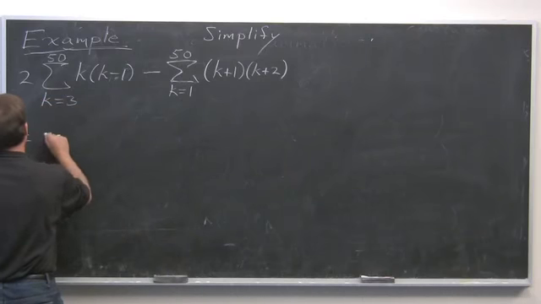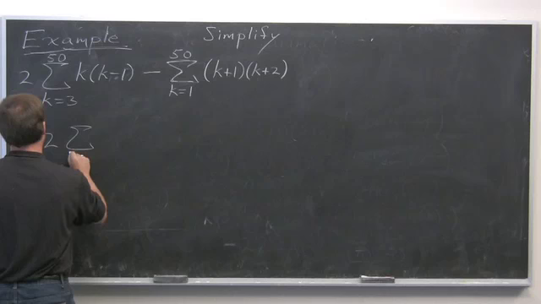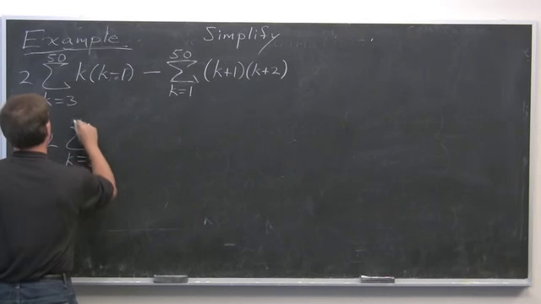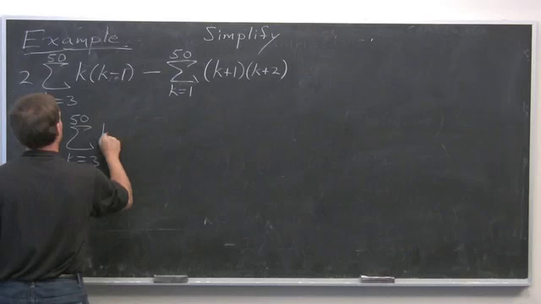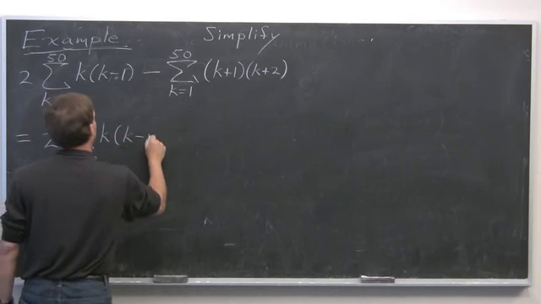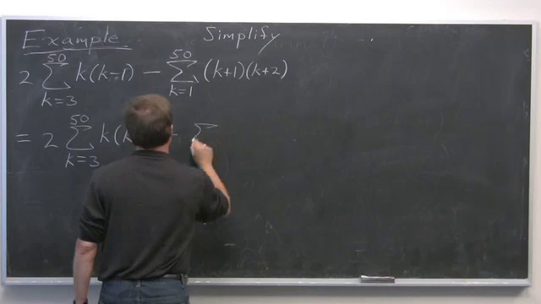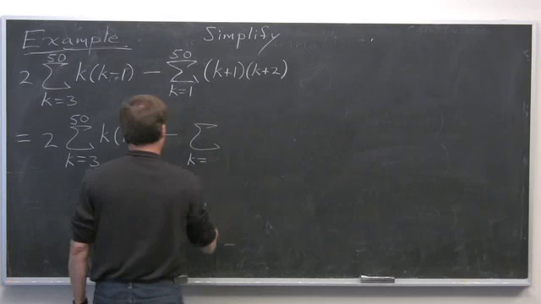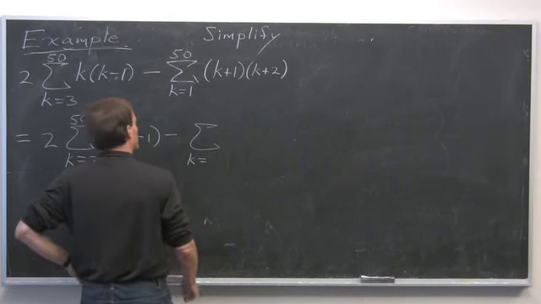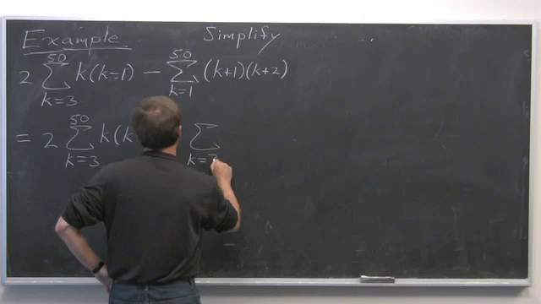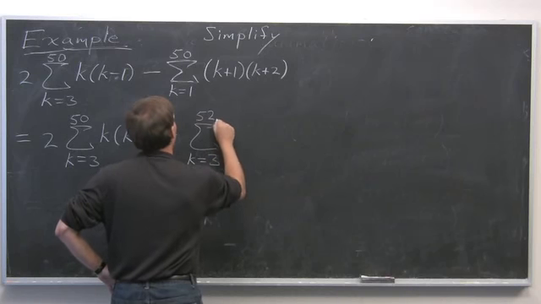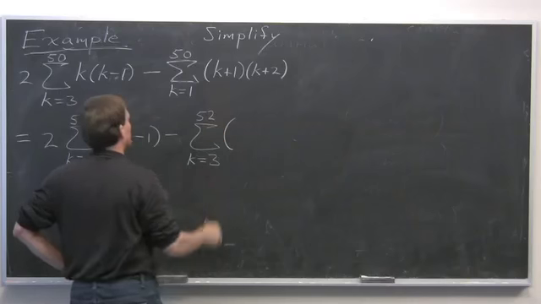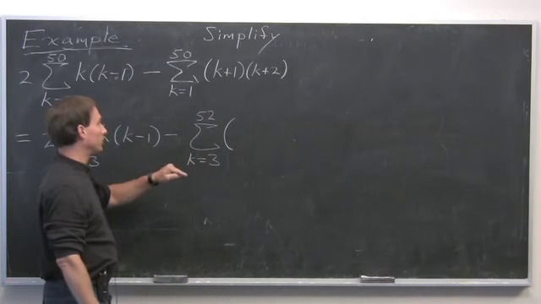So shifting of indices tells us that this equals, so this first part I'm not changing right now, but the shifting of indices tells us that, oh yes, you can add 2 to each of these, the upper and lower bounds on your summation. So I can make this 3 and 52, but I have to replace the k by k minus the 2. Right?